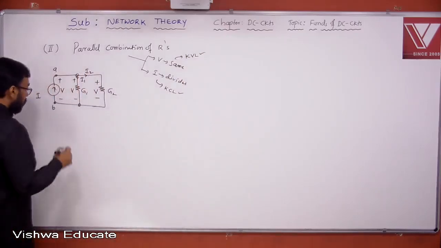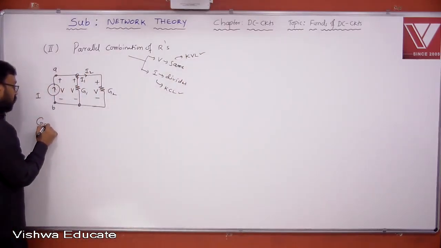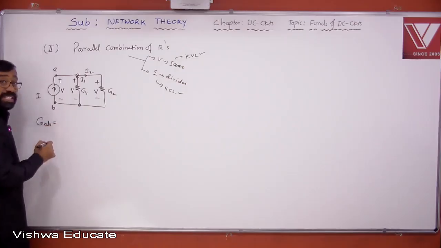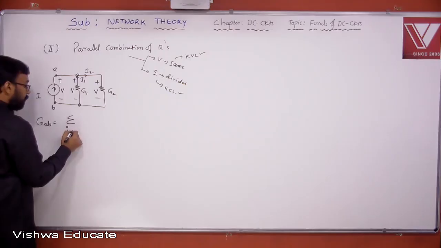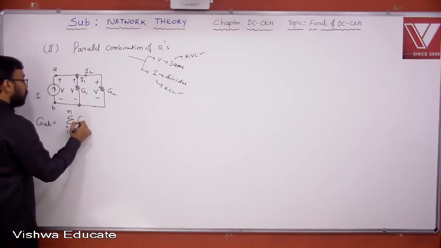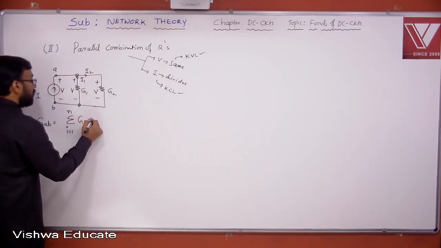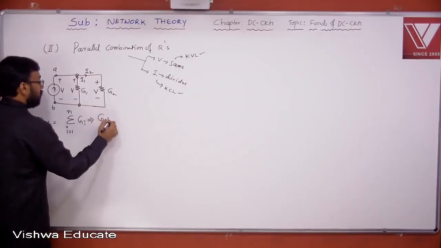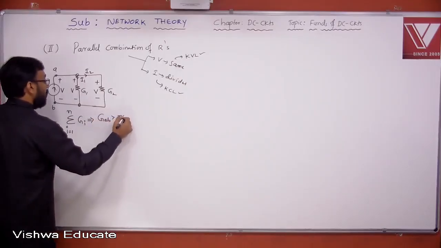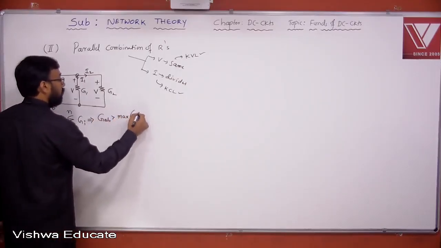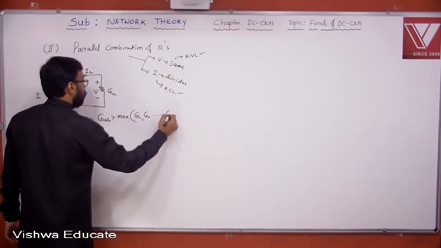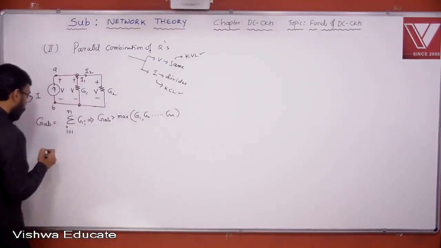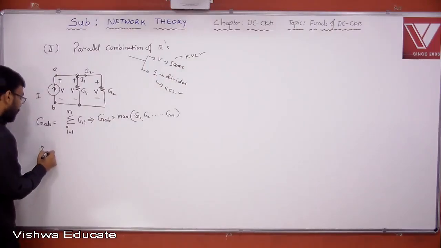Now let us look at GAB. When n number of elements are connected in parallel, GAB is the sum of Gi. And effective conductance, remember, it will increase. It is greater than even the highest value of G1, G2 and so on, Gn. What about the resistance then?